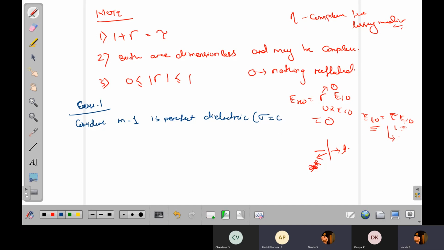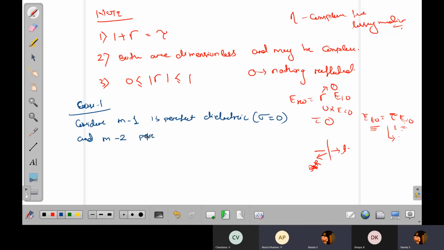If it is a perfect dielectric, sigma equals 0, because there is no free electron or free charge carrier. That's why perfect dielectric means perfect insulator. And your medium 2 is, sorry, perfect conductor.